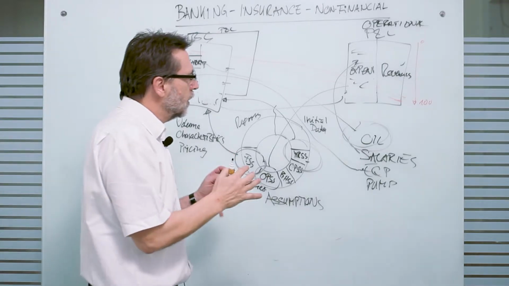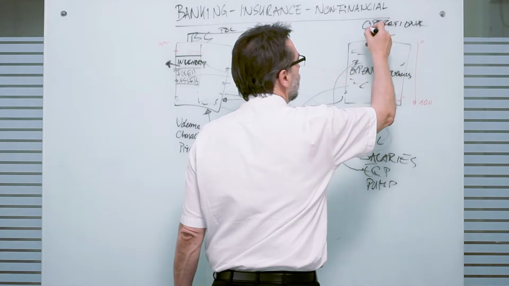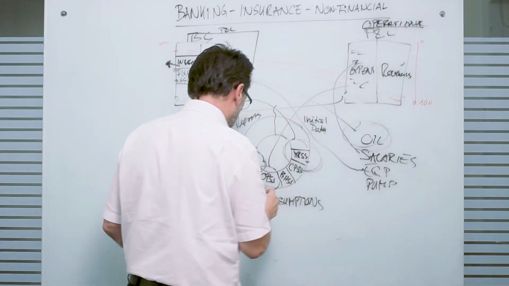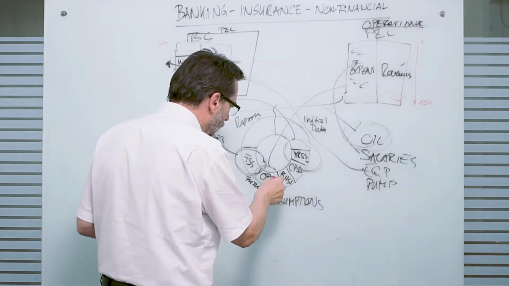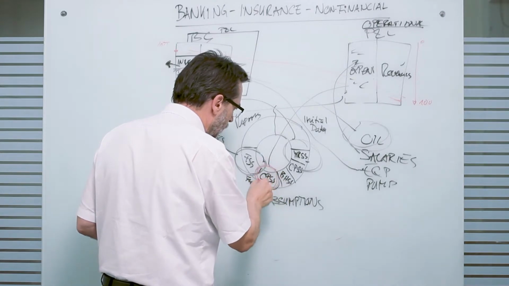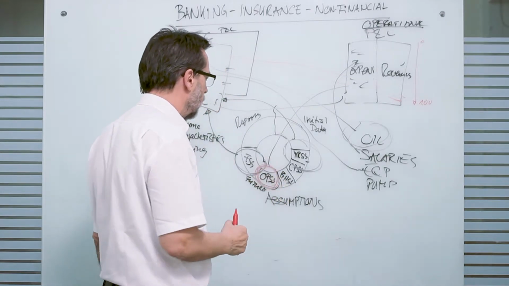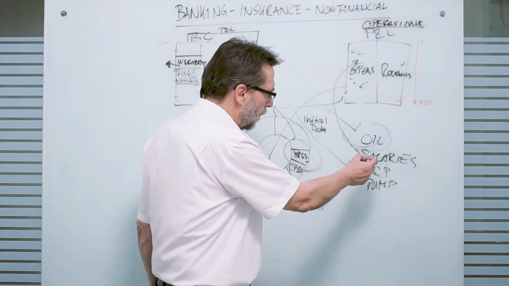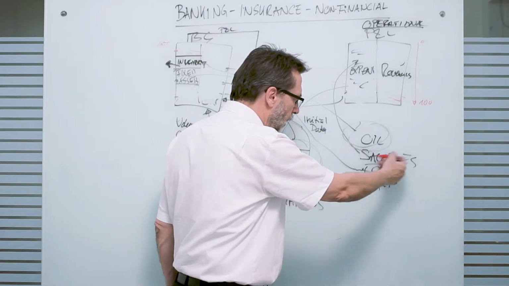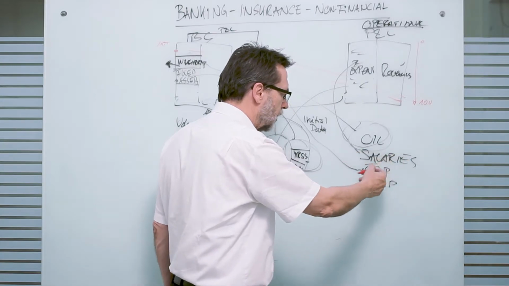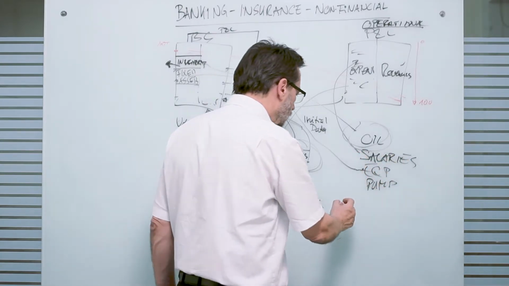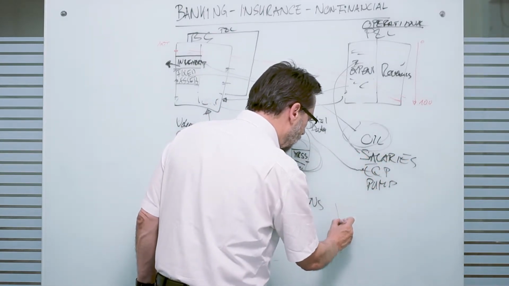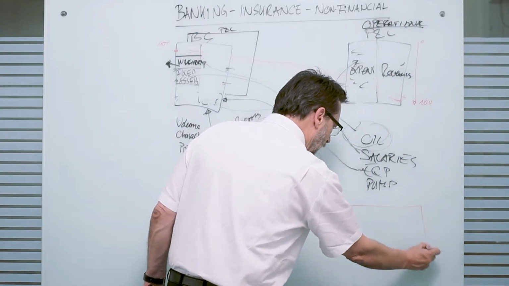But the whole thing is driven by what we call the operational P&L, and this part is mainly defined in the operational strategy set. In here we define how much oil production we have, how much salaries, equipment, etc. It looks like an Excel table.